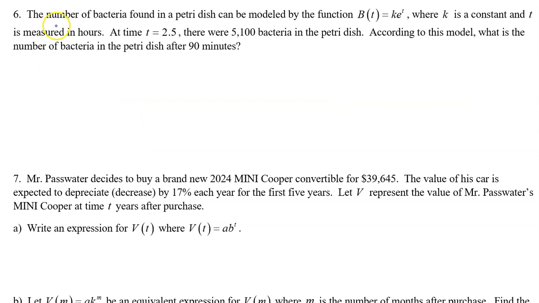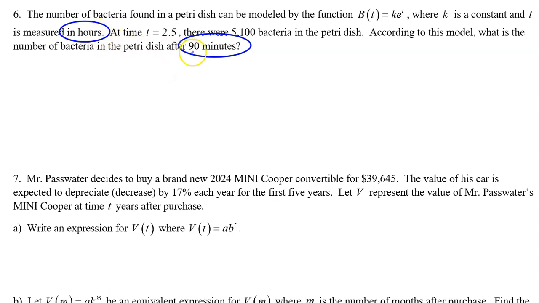Number 6. The number of bacteria found in a petri dish can be modeled by the function b of t equals k times e to the t power, where k is a constant and t is measured in hours. At time t equals 2.5, there were 5,100 bacteria in the petri dish. According to this model, what is the number of bacteria in the petri dish after 90 minutes?